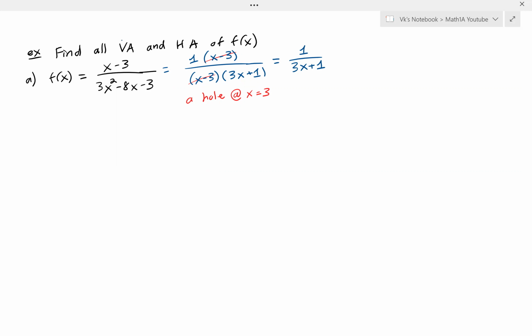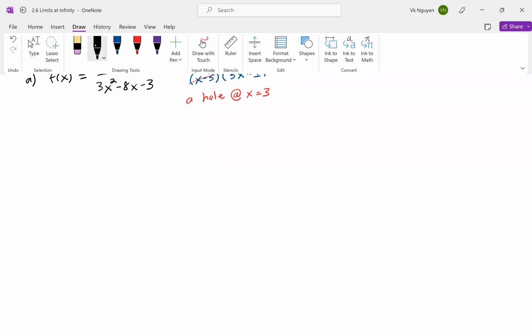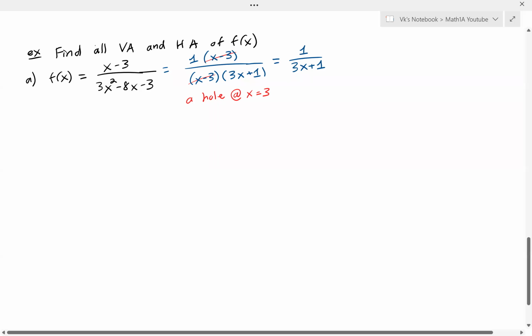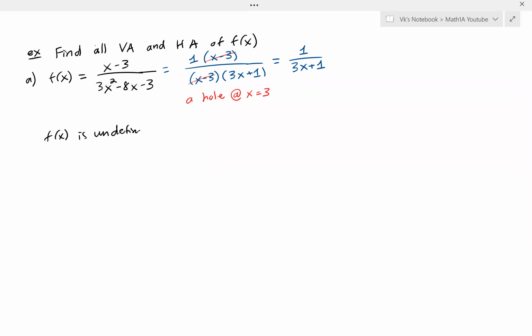Meaning that the function is undefined when the denominator is 0, or x equals negative 1 over 3.